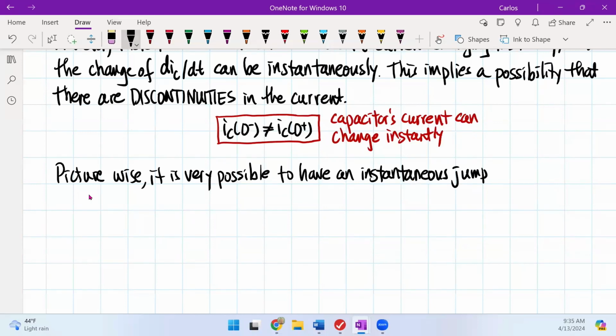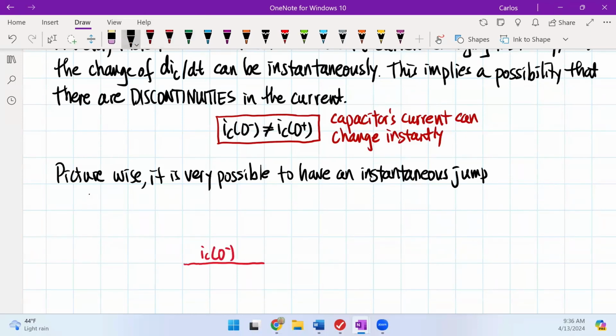You could imagine that we have a switch that hasn't been thrown, and this would be the current of the capacitor at 0 minus.